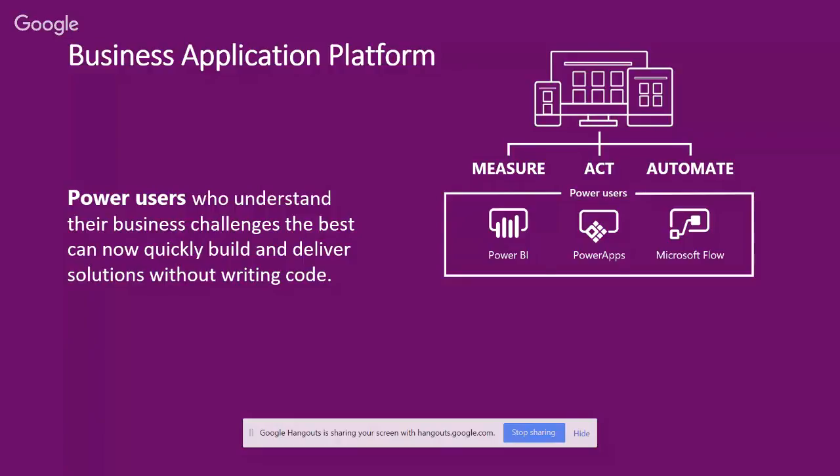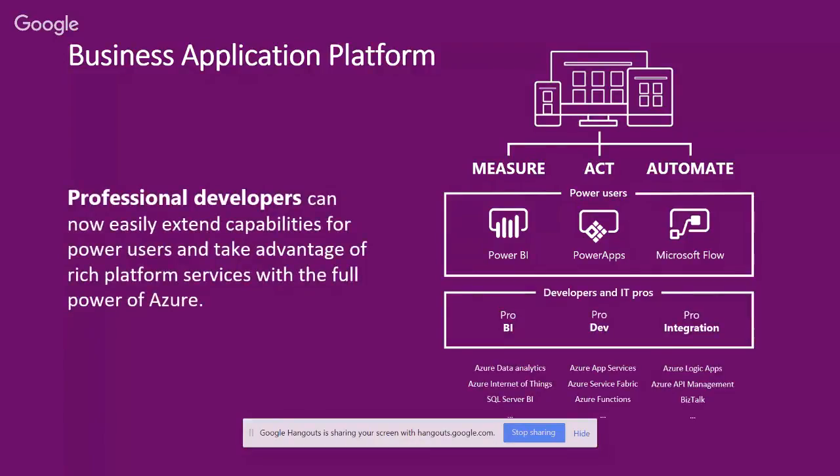Now, even though these are power user tools, that doesn't mean that we don't have an opportunity for developers. What developers can do on what we call the pro dev tier is extend these applications that power users can make, and include connections to line of business applications with custom APIs or custom connectors. They can connect to Azure functions and use those in the apps.